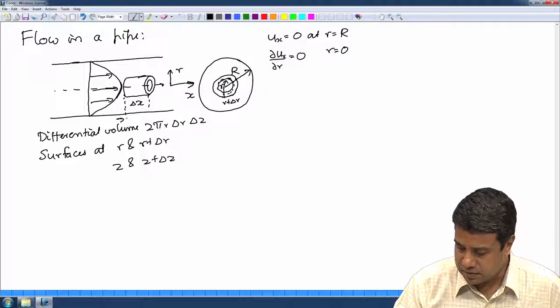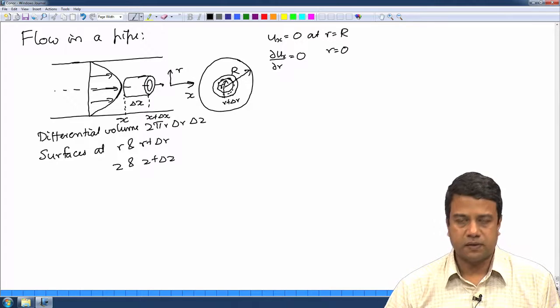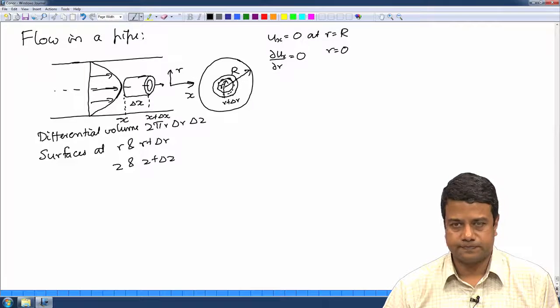Okay. So, I will take this location as x and x plus delta x. Those are the two surfaces, and I have to write a balance equation for this.